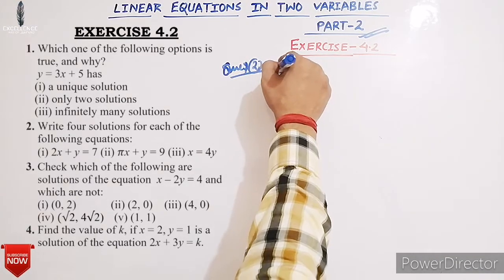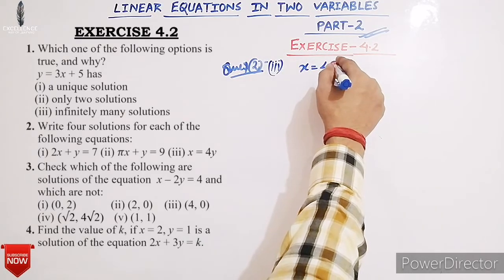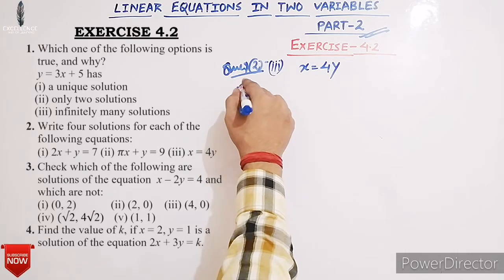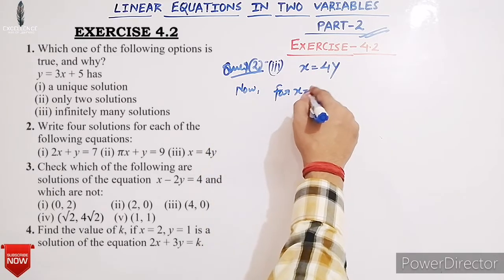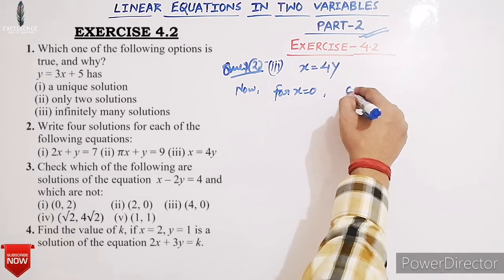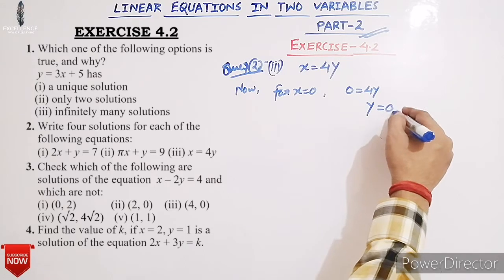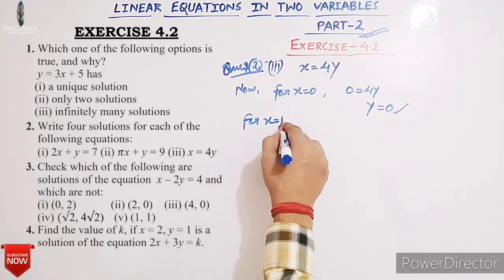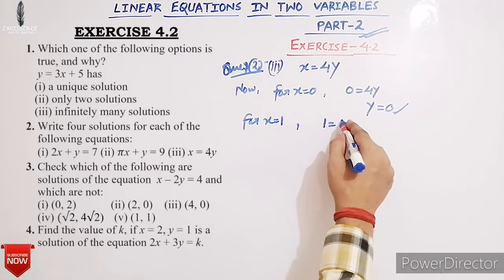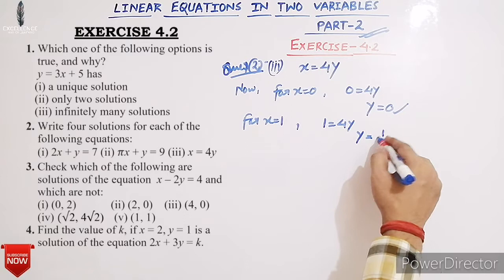Okay, now next, the given equation is x equals 4y. For x equals 0, we have 0 equals 4y, that gives y equals 0. For x equals 1, we have 1 equals 4y, then y equals 1 by 4.